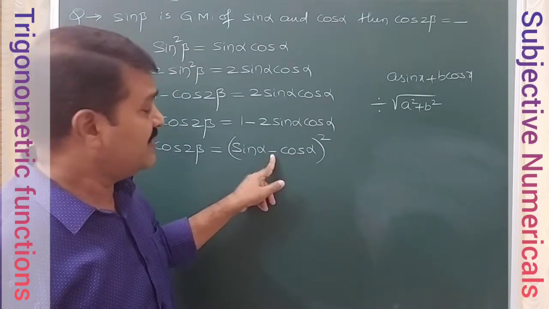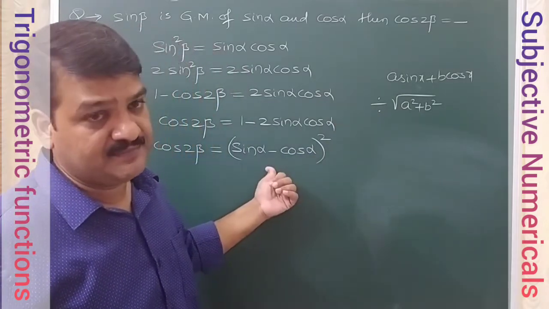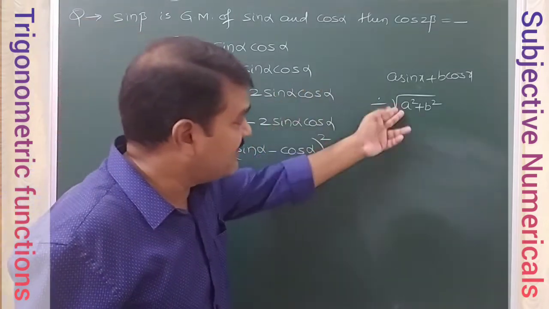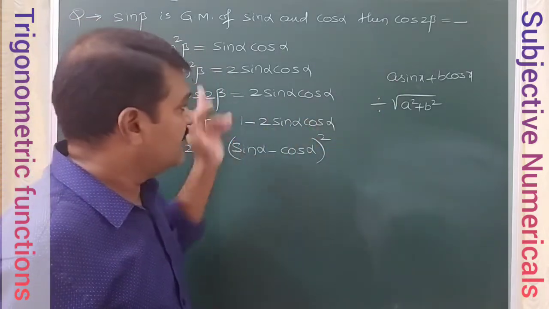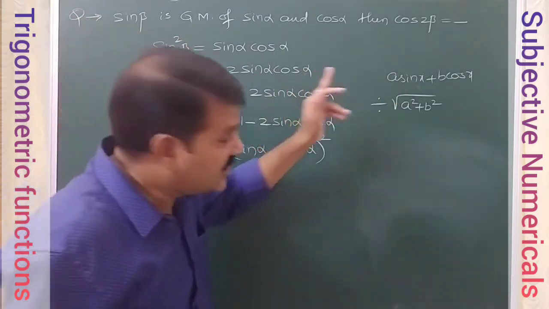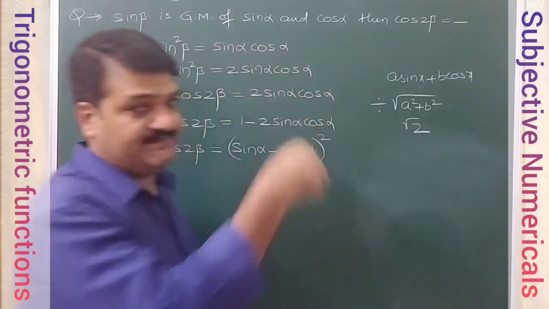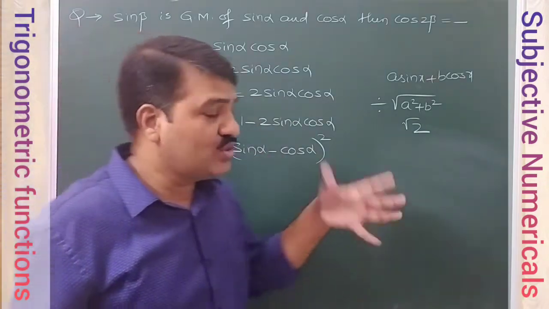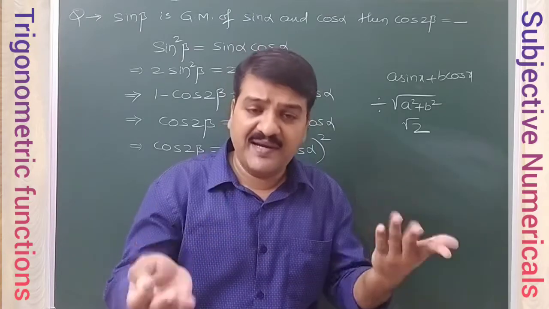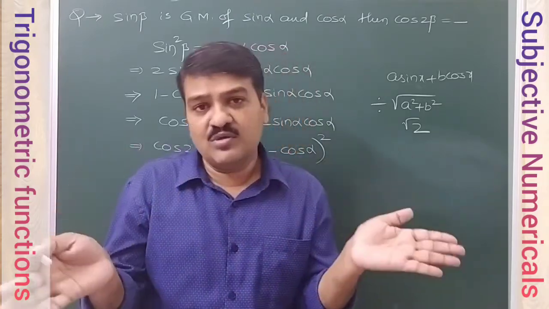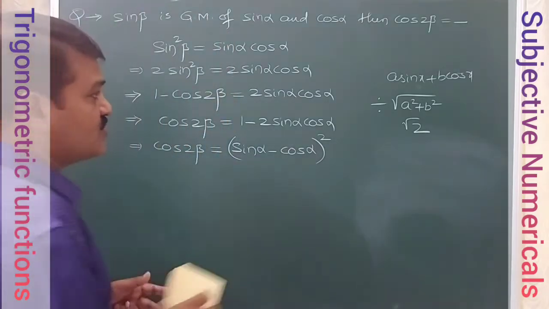So b is minus 1, a is 1. Under root a square plus b square becomes root 2 here. So we are going to divide with root 2 for further solving. Okay, a is 1, b is minus 1. Under root a square plus b square will be root 2 here. So dividing by root 2 is the process we have to do. Dividing means just dividing we won't do. Divide and multiply we will do, or both sides dividing we will do. Okay.